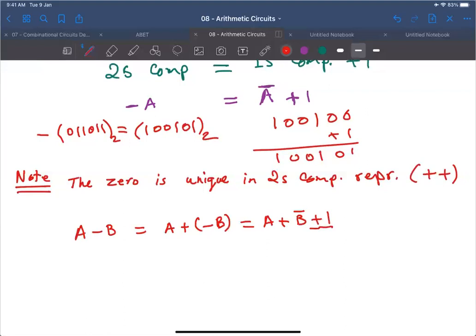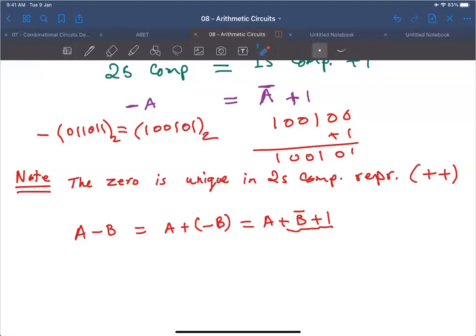Where did I get this from? I got it from here. Negative A is its complement plus 1. So negative B is B complement plus 1. So I converted subtraction to addition here, with the complement, of course.